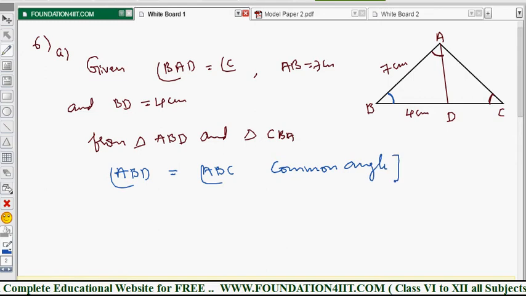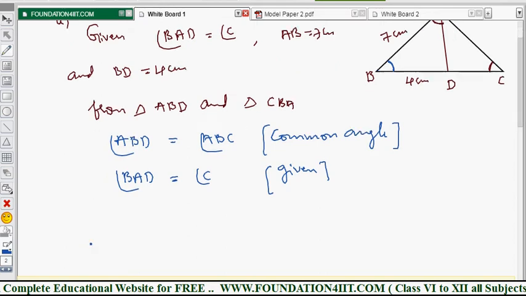To prove the similarity, we should use one of the axioms. And angle BAD is already given as equal to angle C from triangle CBA. Whenever two angles are the same in two triangles, we can say these two triangles are similar.